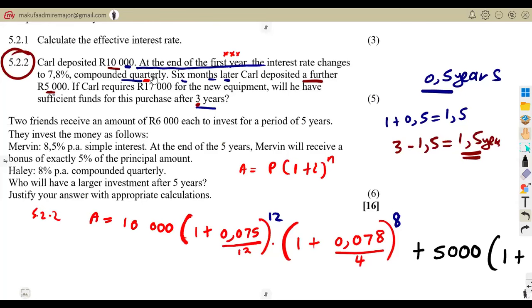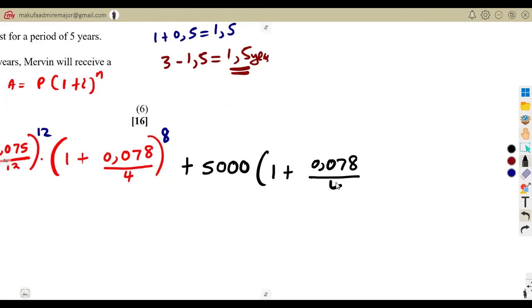They are saying compounded quarterly, so it's over 4. What about the number of years that are remaining for this money to have its interest? We are remaining with 1.5 years. So that's 1.5 years times the compounding of 4. Compounding quarterly times 4. So 1.5 times 4 was going to give us a 6 at the end.